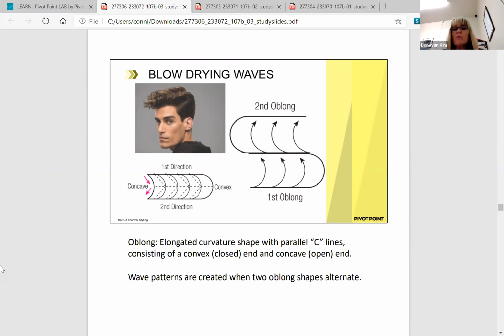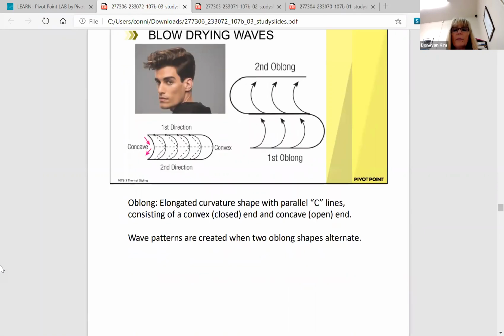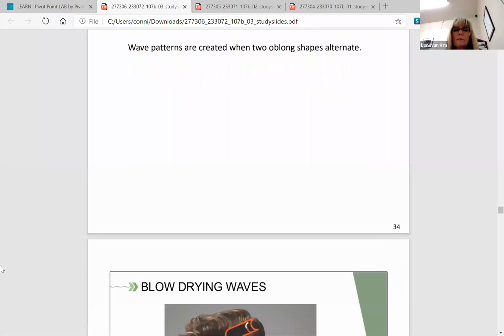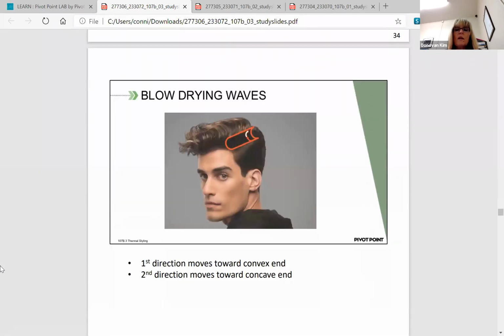You can actually use a blow dryer and a brush and dry a wave into someone's hair. What this is showing you is that the brush is placed in that direction first, and then it will be moved up to the next direction. You put the brush in the hair, push it forward, and then pull it back just a little bit, so you get that wave look to it.